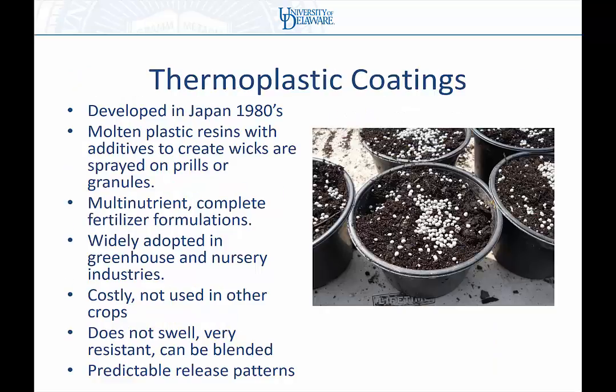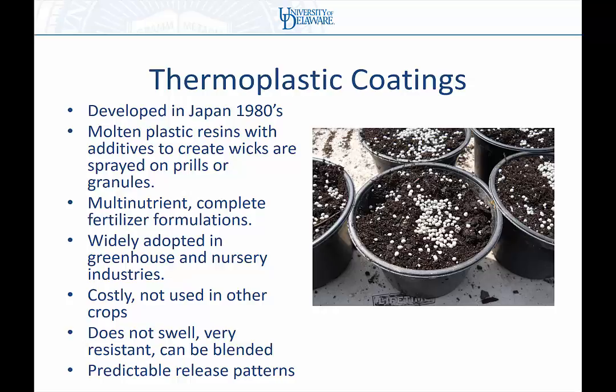Thermoplastic coatings developed in probably the late 1970s, early 80s in Japan. You take a molten plastic and you coat the granular prill with that. They've used them in multi-nutrient complete fertilizer formulations, widely adopted in our nursery and greenhouse industries. Trouble is, again, it's costly. The thermoplastics cost more to use, so these products were always more costly.